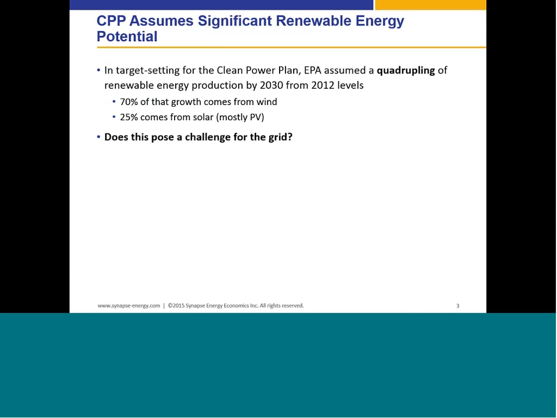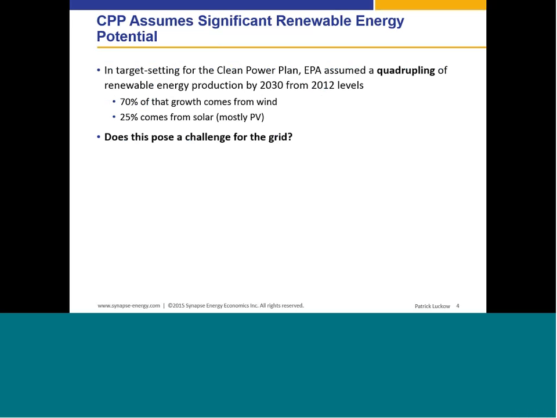Great. Thanks, Needy. Why don't we just dive right in to set the context for thinking about renewable energy in terms of the Clean Power Plan. In target setting for the recently released Clean Power Plan final rule, the EPA assumed a quadrupling of renewable energy production by 2030 from 2012 levels.